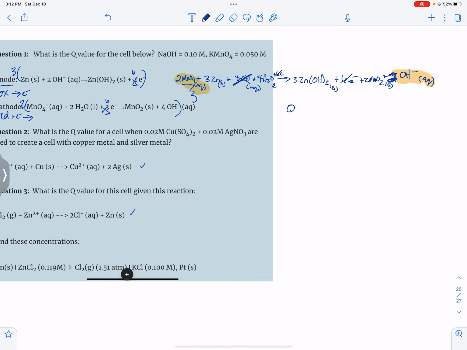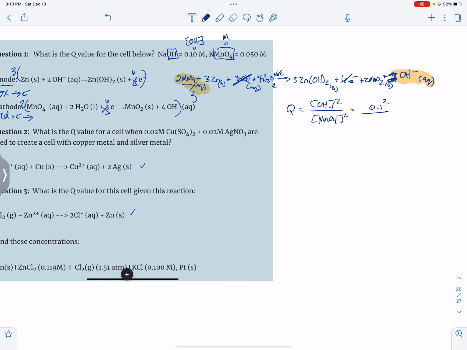So Q is equal to OH squared over MnO4 squared. And then my OH right here, there's one OH in that. And so I can say that this is the same thing as being just the OH concentration. So that's 0.1 squared over, and then this one, MnO4, again, it's 1 to 1.